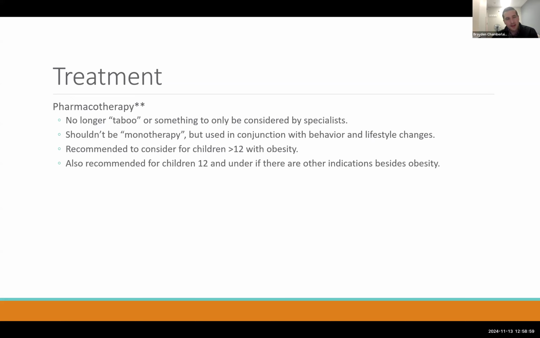So, with that in mind, they have made new recommendations. Pharmacotherapy is now considered no longer something that should be taboo in children or adolescents, and not something that should be restricted only to specialists. It definitely shouldn't be a monotherapy, but it can be used in conjunction with behavior and lifestyle changes.